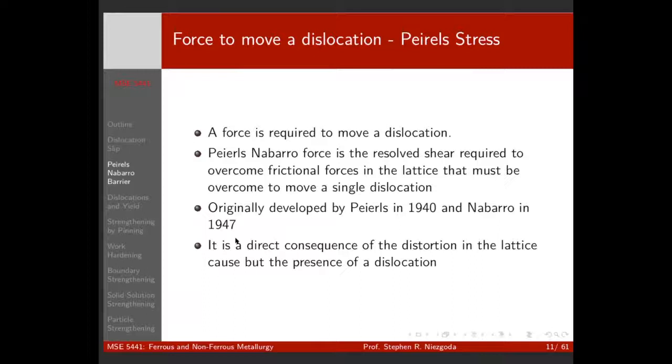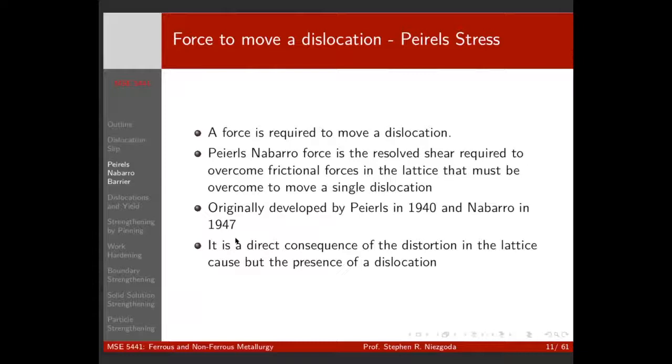We said that strengthening occurs by impeding dislocation motion, but that assumes that the dislocation is mobile to start with. So first we have to think of what's the force required to move a dislocation.